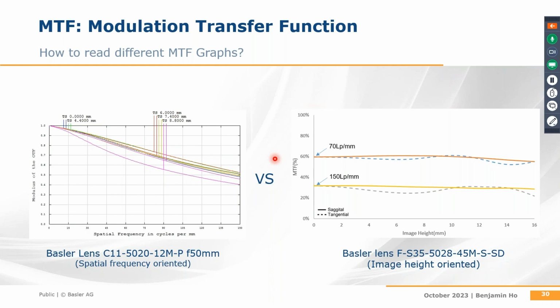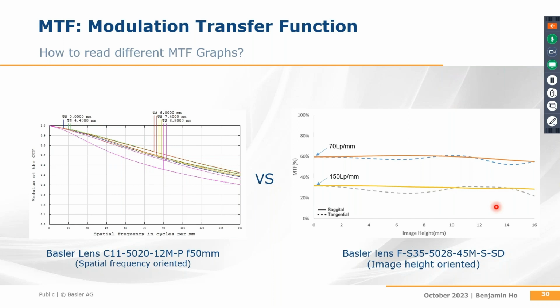It helps in understanding how the system performs across the entire image, from the center to the edge. This graph is important for assessing how image quality varies across the entire field of view. It helps identify any optical aberration or distortion that might be present.